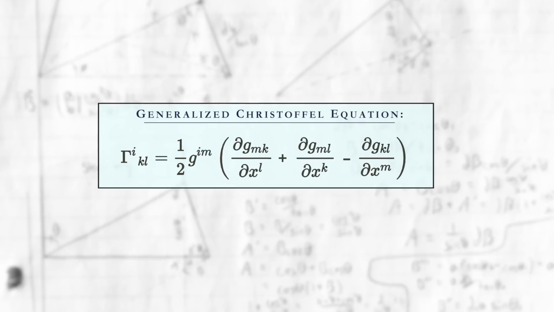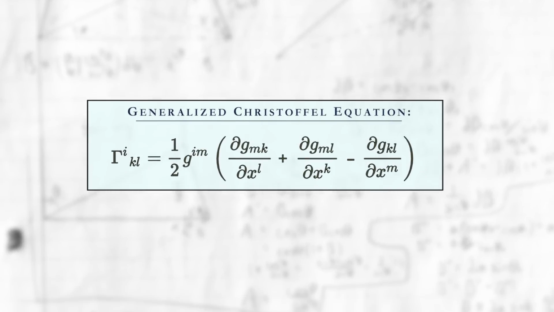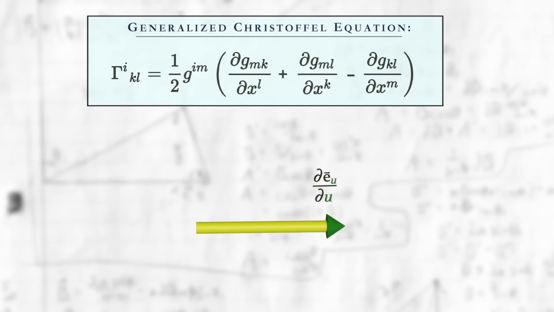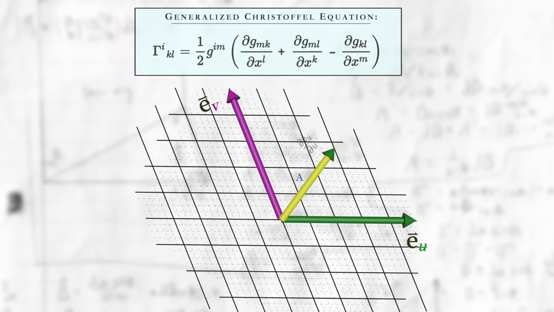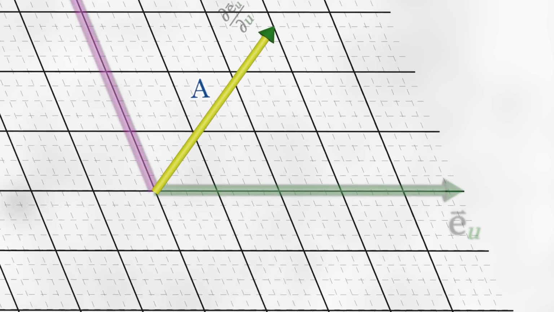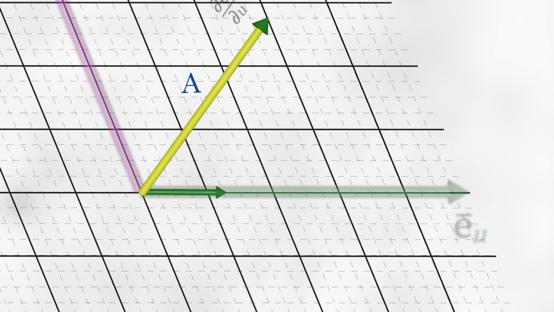Instead, to get a better handle on why this equation looks the way it does, let's start with a single derivative vector, say dEu/du, whose magnitude we'll label as a, and let it have this orientation and length relative to its corresponding Eu-Ev basis. As before, we'll break this vector into components of the parametric basis.